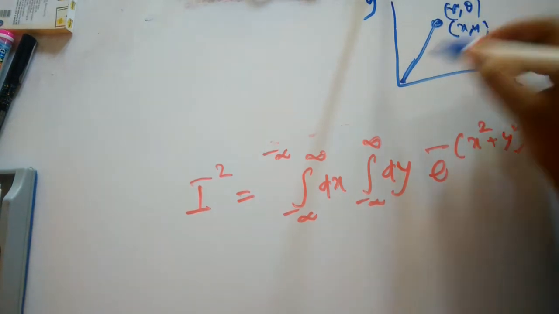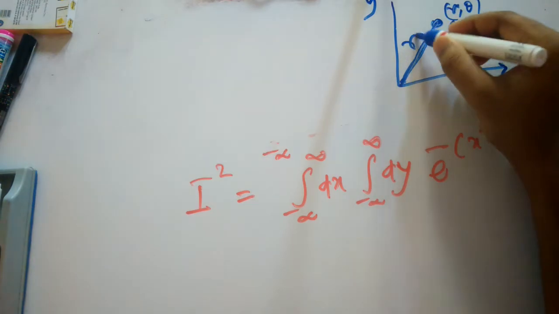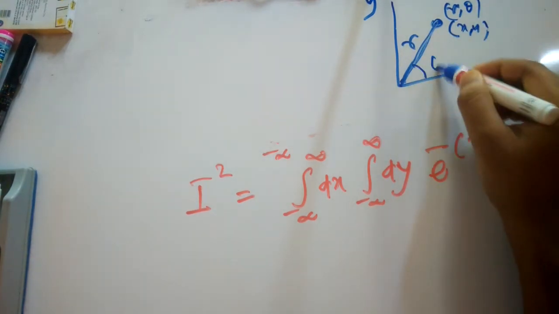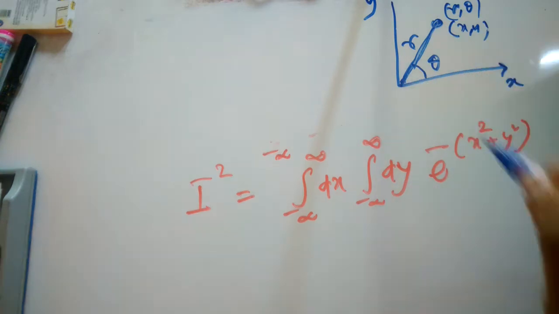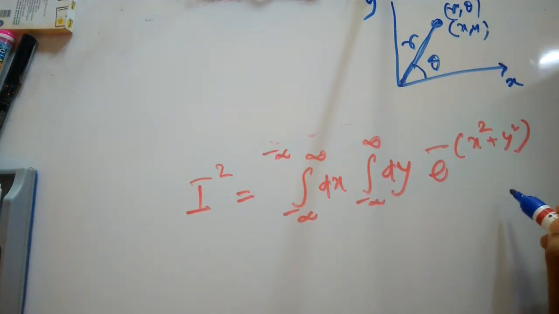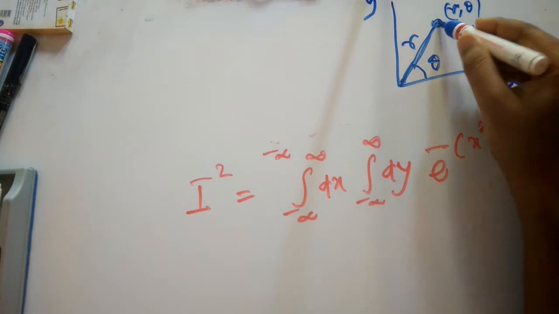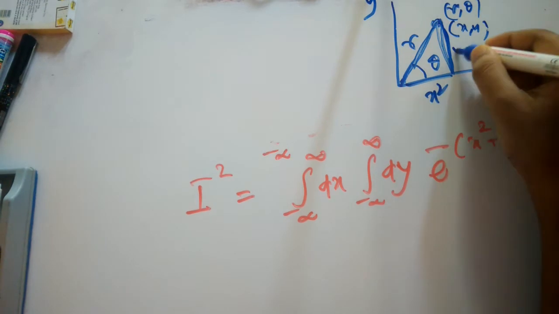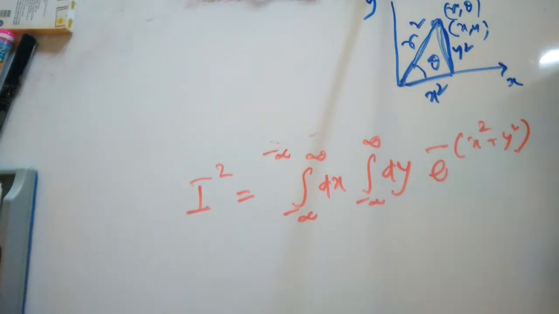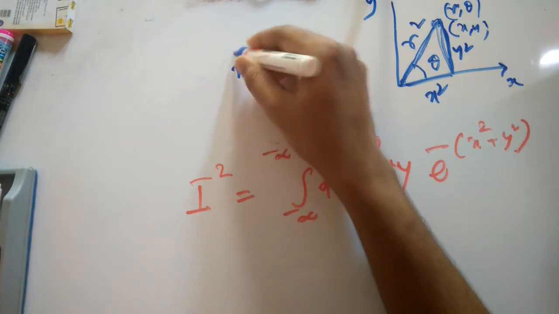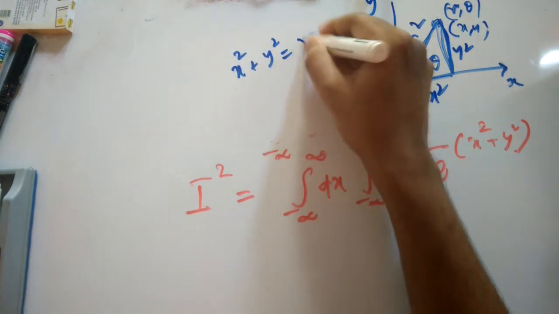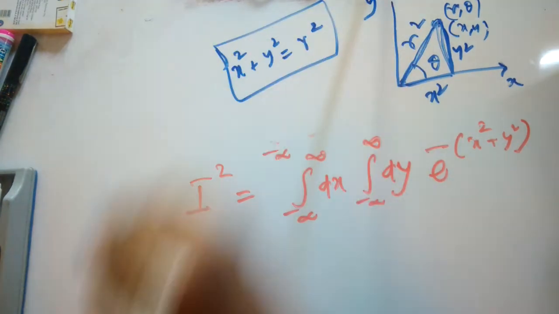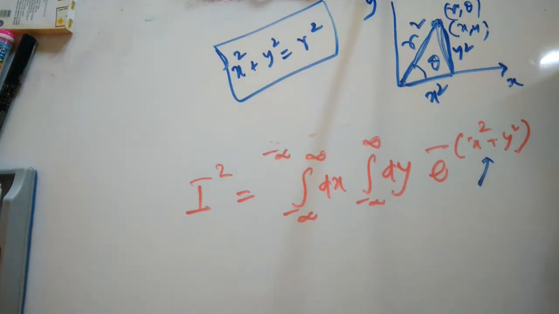R is the distance from the origin, and theta is the angle between the x axis and this radial distance r. Using the Pythagoras equation, which is very straightforward, x² + y² is r². So we can use this here, and that is our aim.